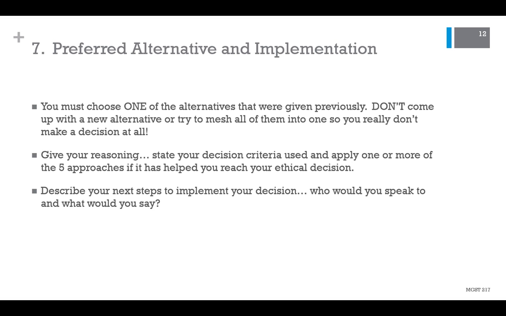Sometimes one or sometimes many of the different approaches will give you the same answer. And finally, describe your next steps to implement your decision. Who would you speak to and what would you say? What we want you to do is start to have a bit of practice in terms of how you would actually implement your ethical decision.